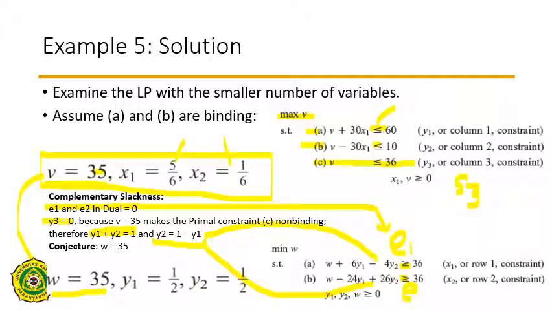Okay, so we know W equals 35, and we have replaced y2 with 1 minus y1, and the sign becomes equality. Now we may solve this and obtain that the solution is y1 equals a half, y2 equals a half.